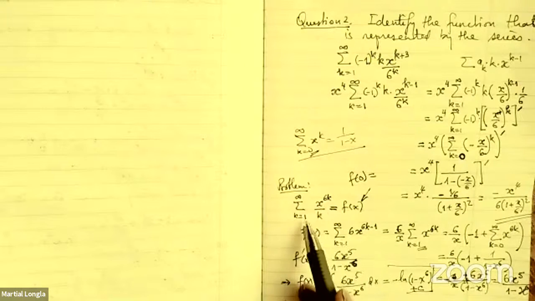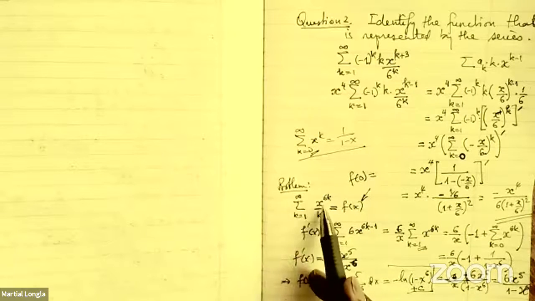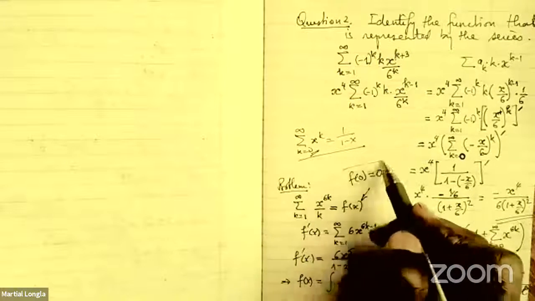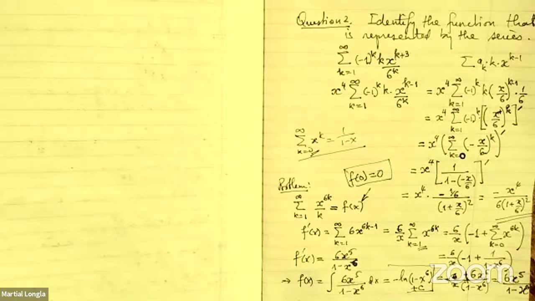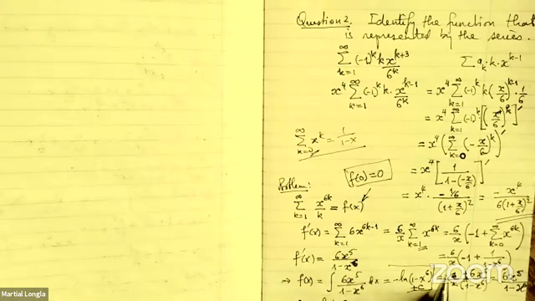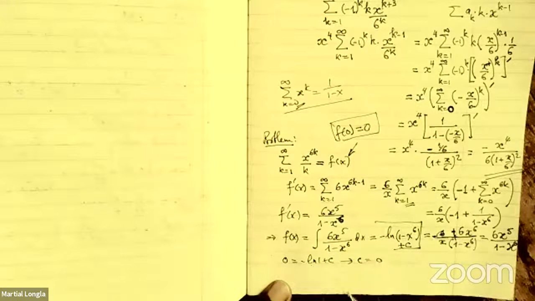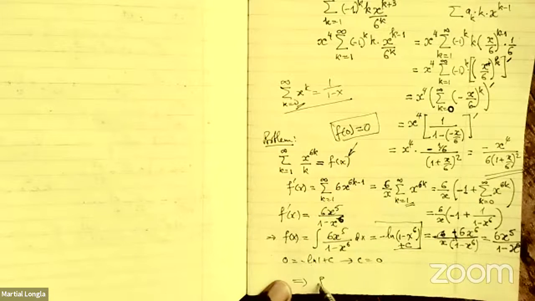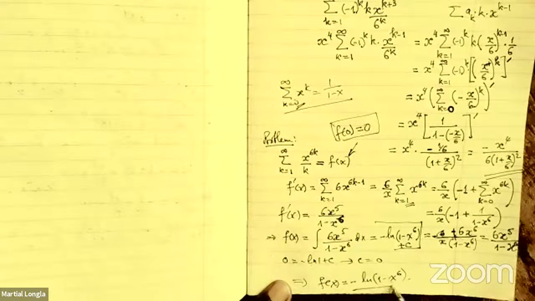When you plug in 0 with the coefficients k starting from 1 to infinity, all those powers are going to be 0. So f of 0 is 0. And you use that here to say 0 equals negative natural log of 1 plus c, and the natural log of 1 is 0, so you get c equals 0. So you get f of x equals negative natural log of 1 minus x to the 6.